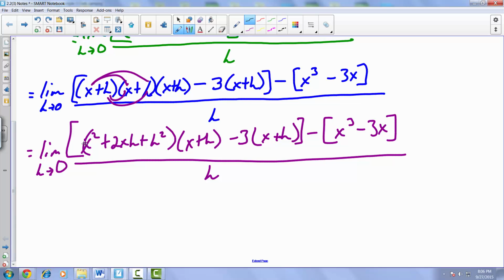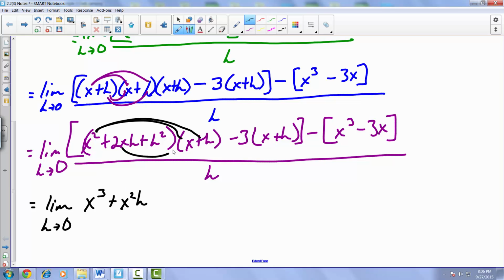Going ahead and distributing, we end up with the limit as h goes to 0 of x cubed, x squared times h gives us positive x squared h. 2xh times x gives us 2x squared h. 2xh times h gives us 2xh squared.